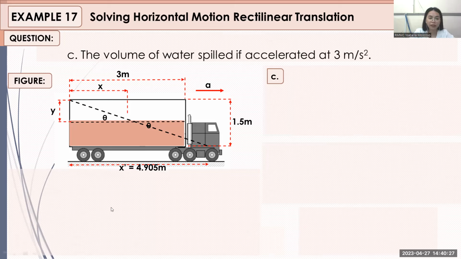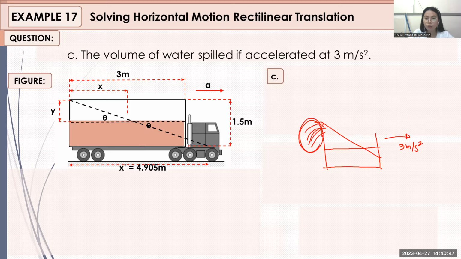Parang ganito yung nangyari. Ito yung vessel natin. Ito yung tubig natin at rest muna. Naglagay siya ng 3 meters per second squared na acceleration, may natapon na daw na tubig. Exaggerate lang tong drawing ko. May tubig na daw na natapon. Okay? So, ang hinahanap natin ngayon is itong volume ng tubig na natapon.